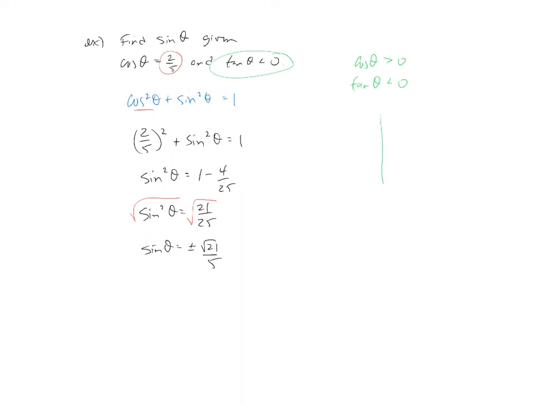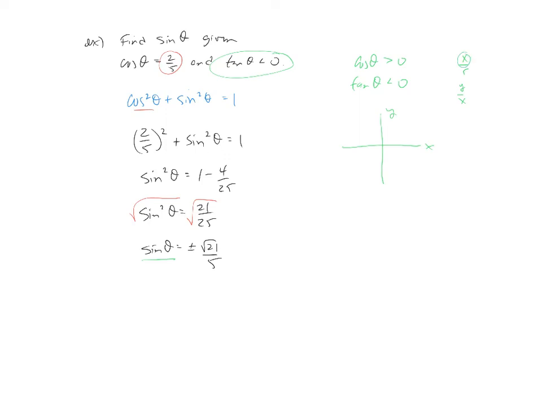So to figure out if sine is positive or negative, we need to find the quadrant where cosine is positive and tangent is negative. So to figure this out, it's just a matter of understanding that cosine is the x over r and tangent is the y over x.